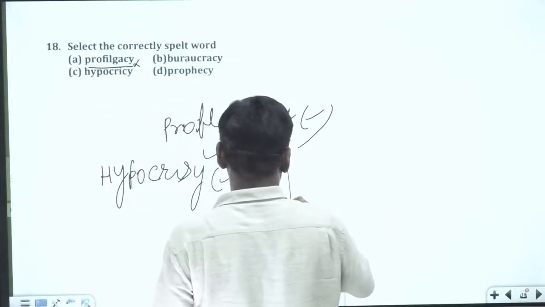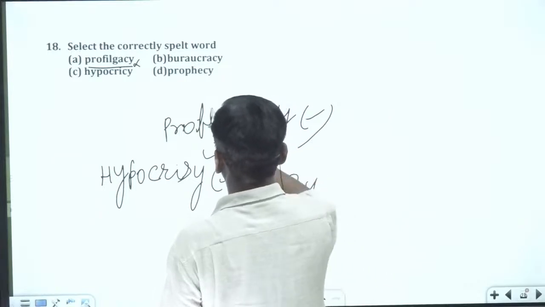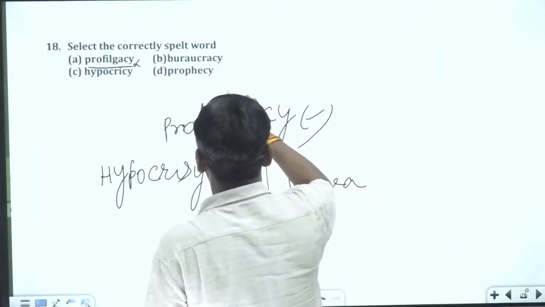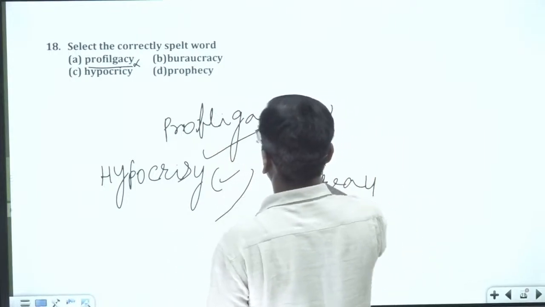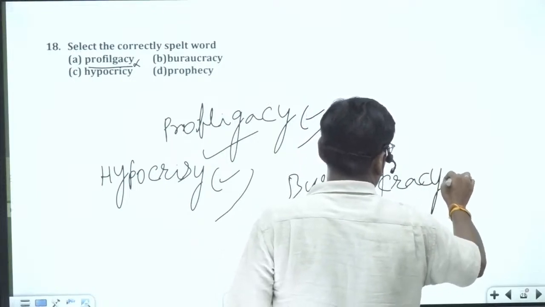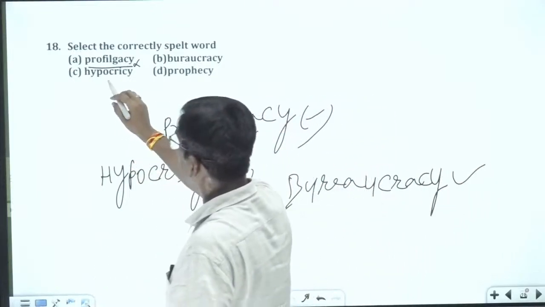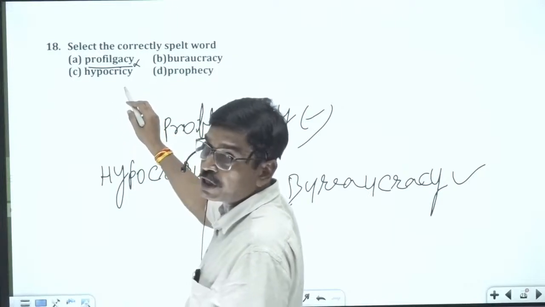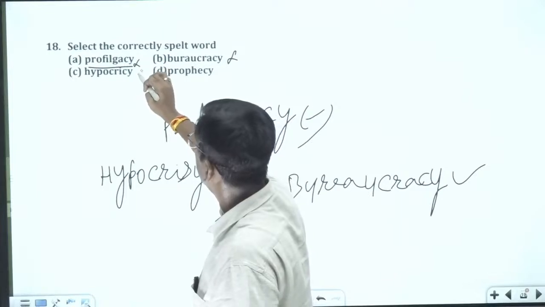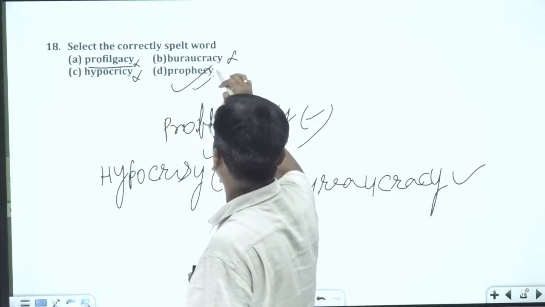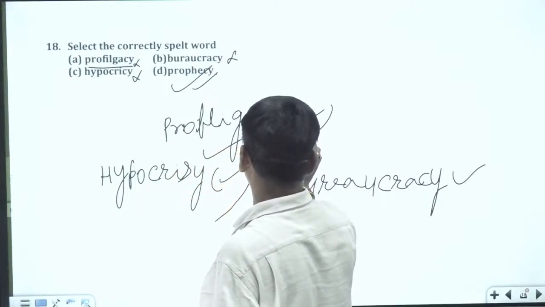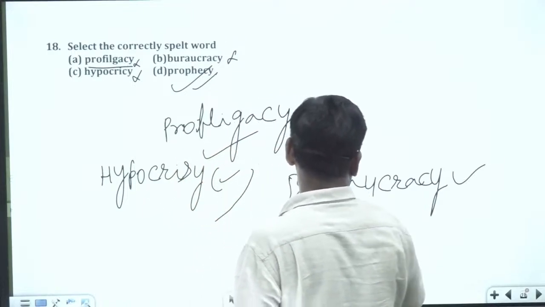And bureaucracy. So I have made profligacy correct, hypocrisy correct, and bureaucracy correct, because their spelling is written correctly in these options.